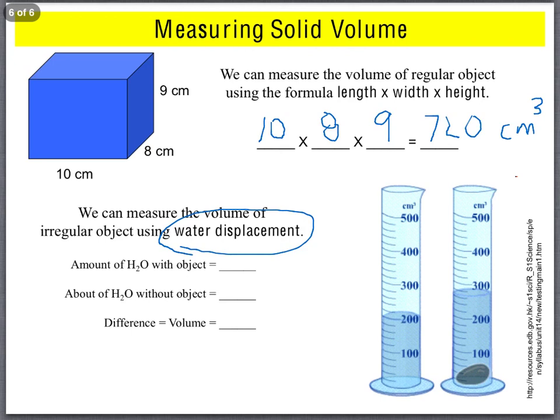So in this case we have about 265 milliliters of volume with the object inside. Without the object we have about 200. So the difference between those two is 65 milliliters, and that would be the volume of that irregularly shaped object.